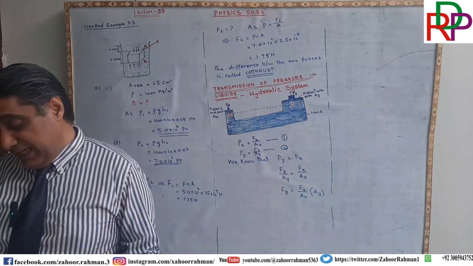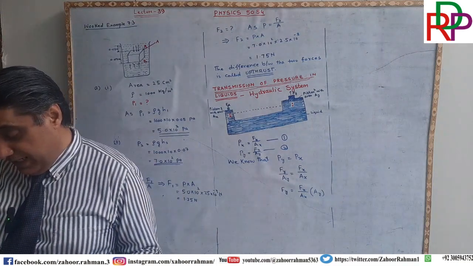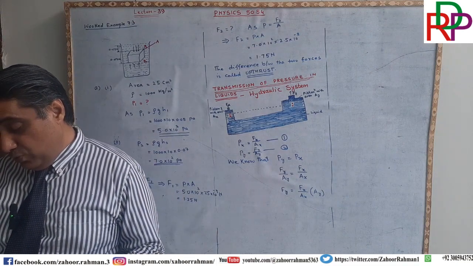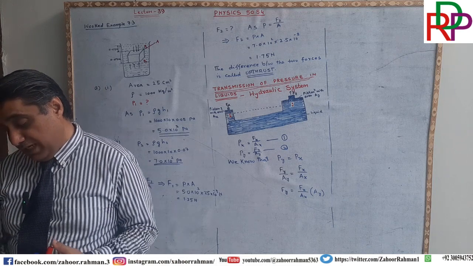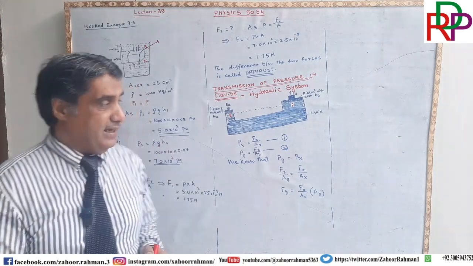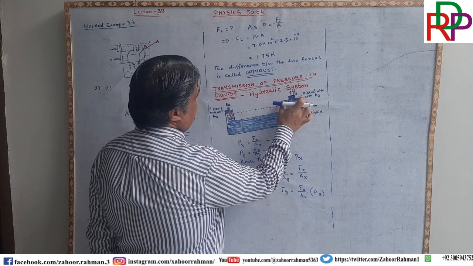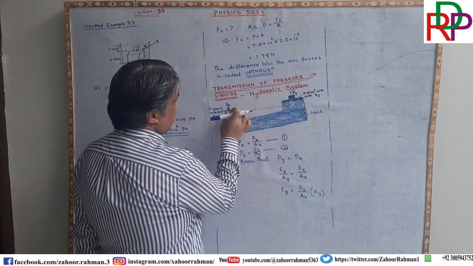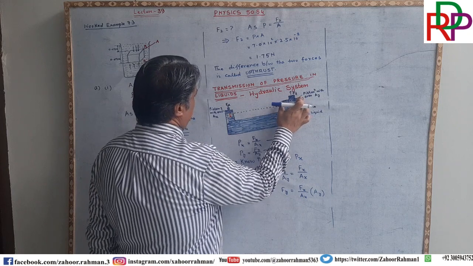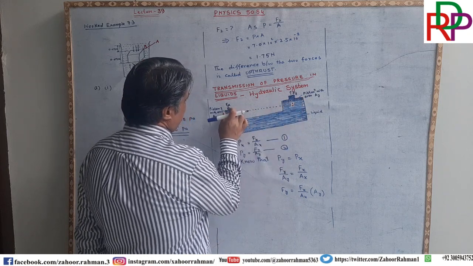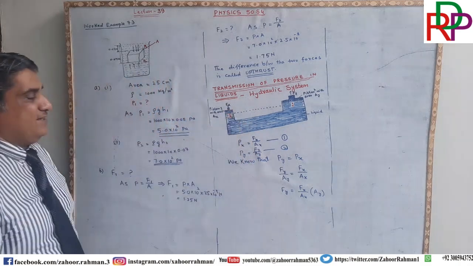Since the area Ay is larger than Ax, the force Fy would also be larger than Fx, because this area is larger than this area. So the force at the larger area will be greater than the force at the smaller area, which is point X.